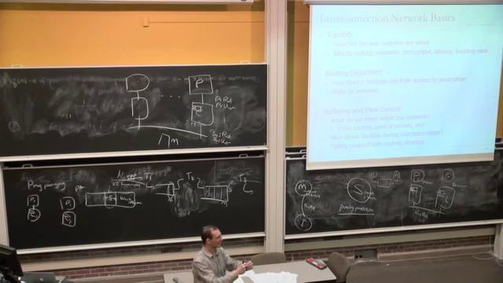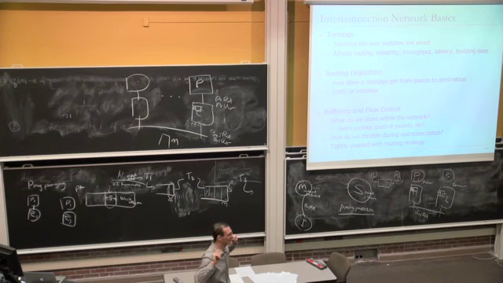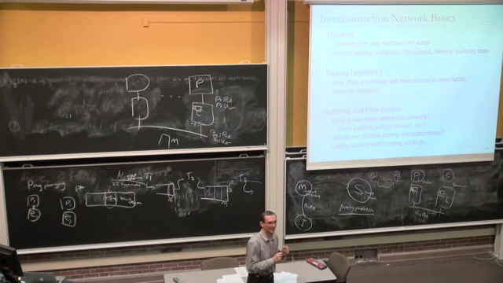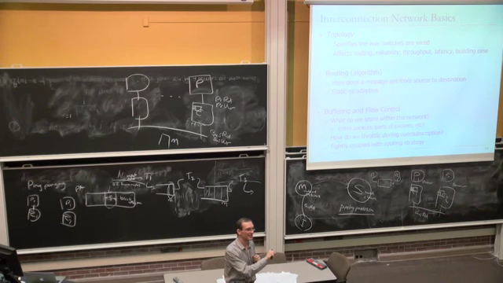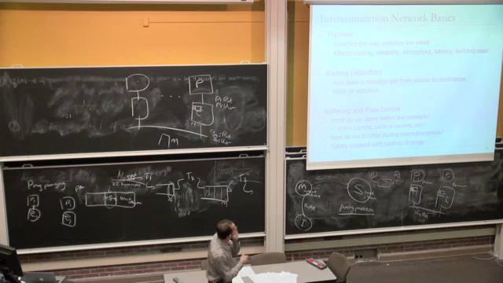Bus says there is only a single wire, if you will, at an abstraction level, and all processors are connected to it, right? And there's arbitration that happens to ensure that only one component has control of the bus at any given time. So this affects a lot of things, of course: routing, reliability, throughput, latency, and building ease. And we will take a look at some of the different topologies in the rest of this lecture.